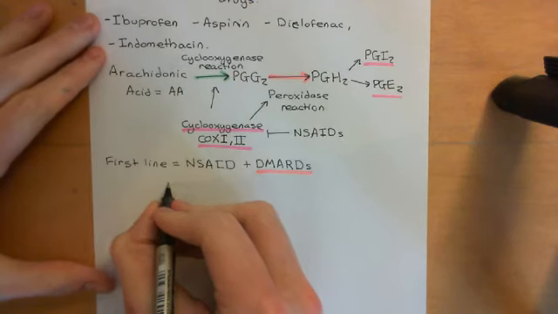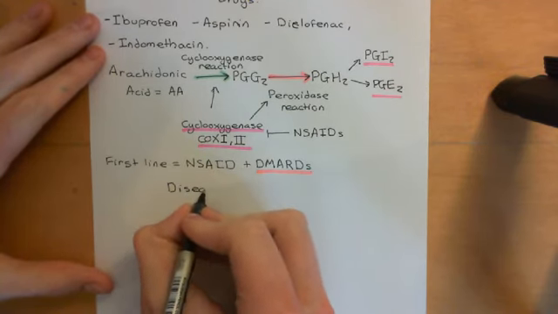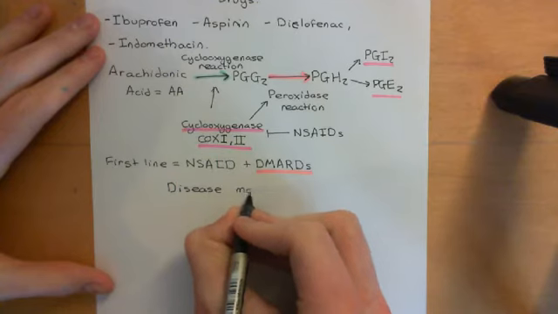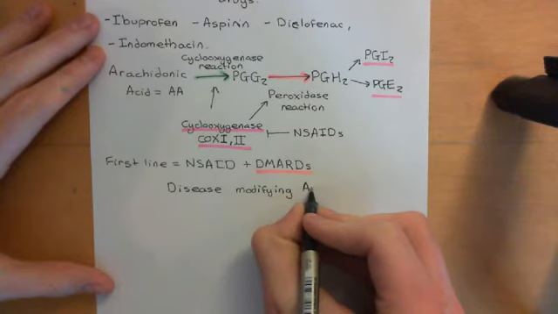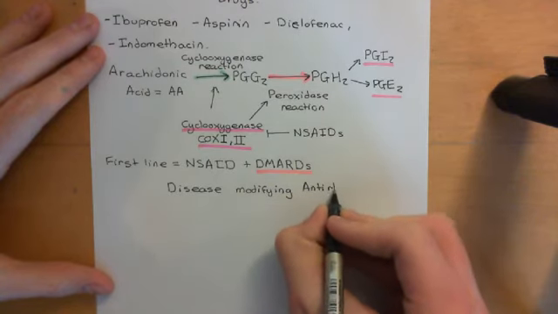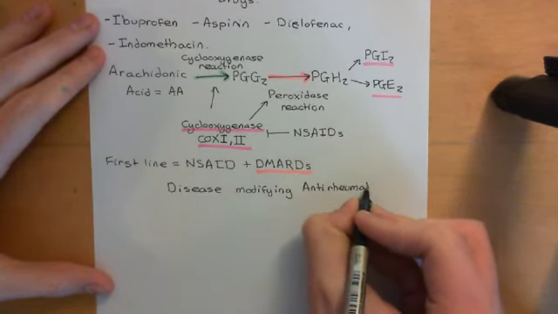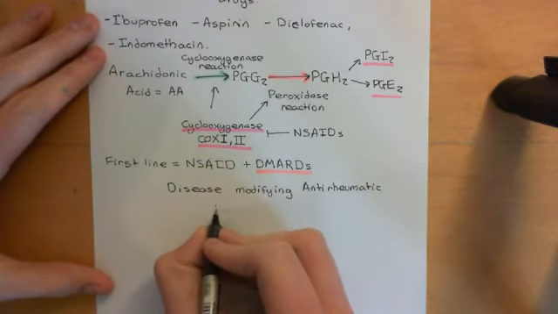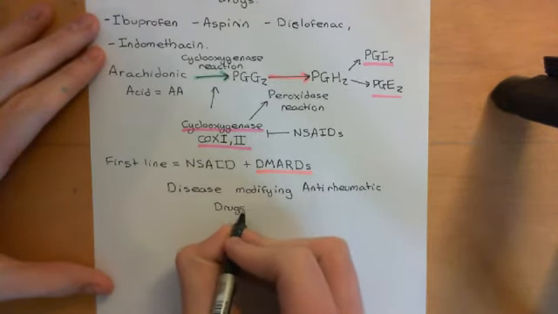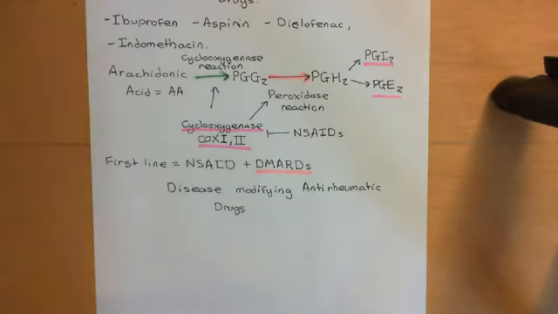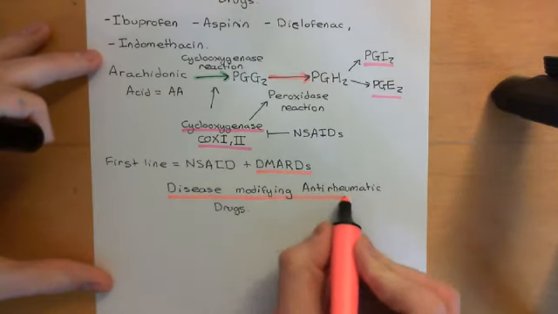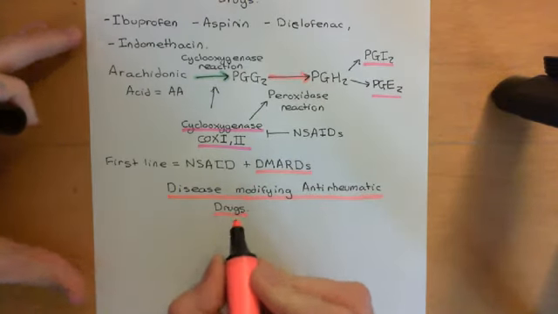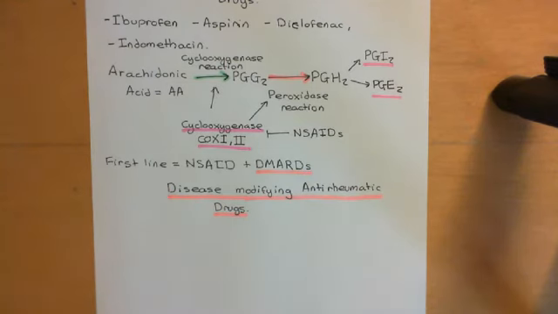DMARD stands for disease, that's the first D, and then disease modifying, that's the M, and then AR is for anti-rheumatic, or anti-rheumatoid, whatever, and then drugs. So disease modifying anti-rheumatic drugs, that's what DMARDs stand for, and there are quite a few of these. We're going to start by discussing the main one, and then we're going to work our way through the others, and a lot of them have quite similar mechanisms of action.